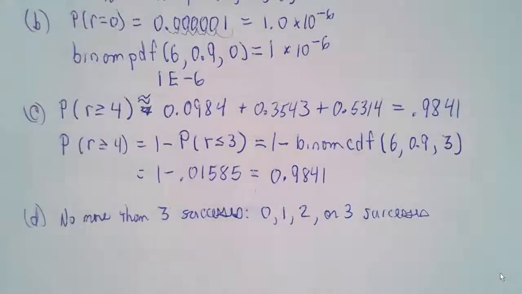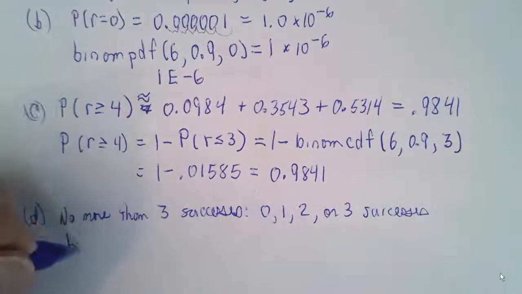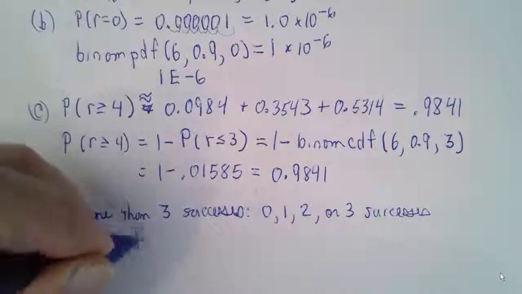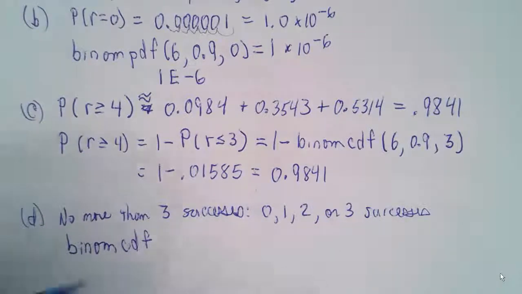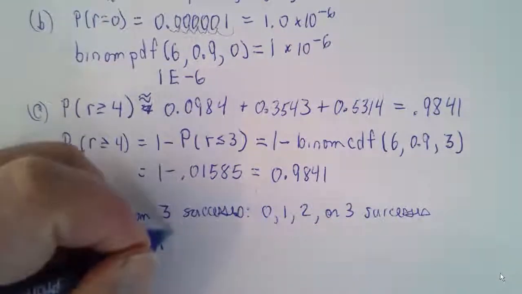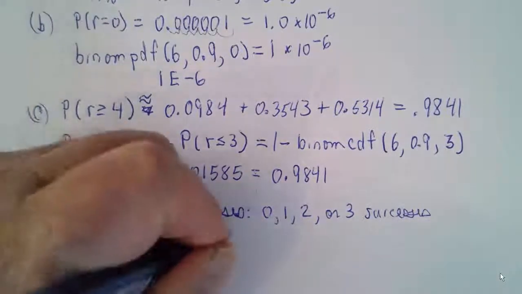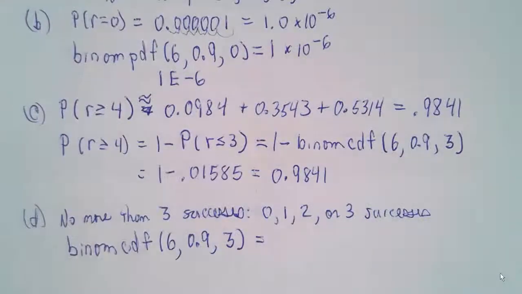Well, that sure sounds like what we did before, and in fact it is what we did just in the previous example, only this time we don't have to subtract from 1. The sum of probabilities for 0, 1, 2, and 3 successes is binom CDF. 6 trials, probability of success is 0.9. Sum 0 through 3, and we can get that on our calculator easily.